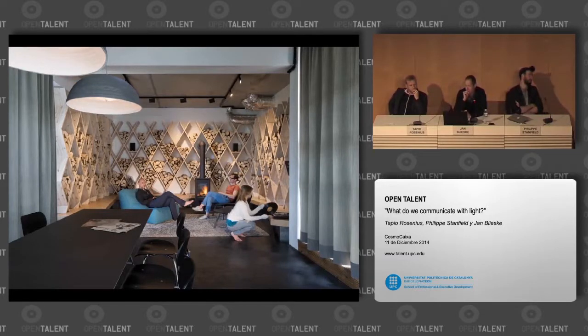And this is what we can do with light as well, because there's a lot of daylight inside, but having this very focused light just on very selected pieces of wood already creates this little atmosphere of a more or less cozy room.